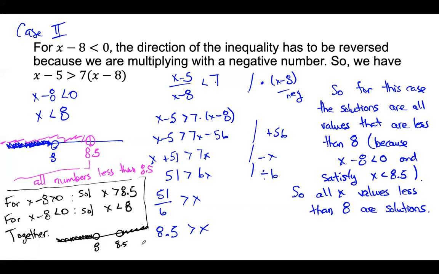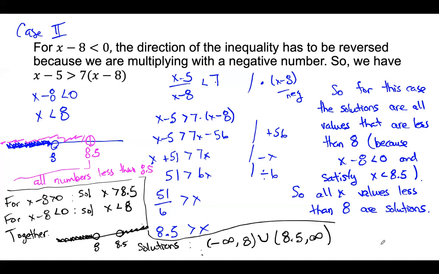So these are the solutions. It actually goes from negative infinity to 8, with also the solution, this is called the union, of 8.5, and I'll explain that coming up, to positive infinity. So those are the solutions.